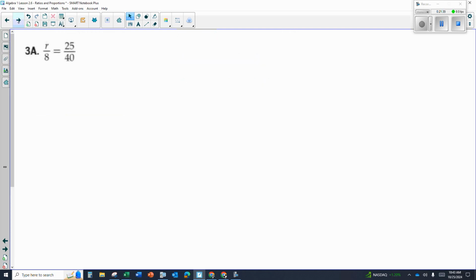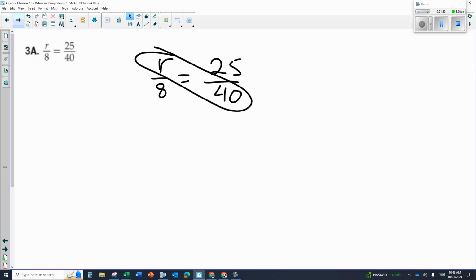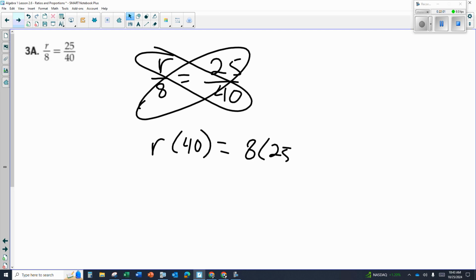So for 3A, we've got the ratio of r to 8, so r divided by 8. Let's write that over here. r divided by 8 equals the ratio of 25 to 40, so 25 divided by 40. And we're going to look at the means extremes property of proportion, cross products. So r times 40, set that equal to 8 times 25.